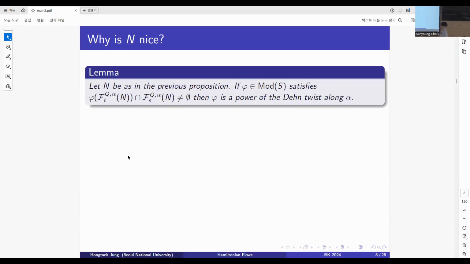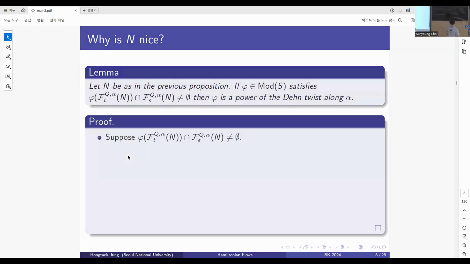However, because of our nice condition on N, if this happens, then our mapping class must be a power of the Dehn twist along alpha. So we have a very good control on the bad mapping class group elements. That's why I say N is nice.